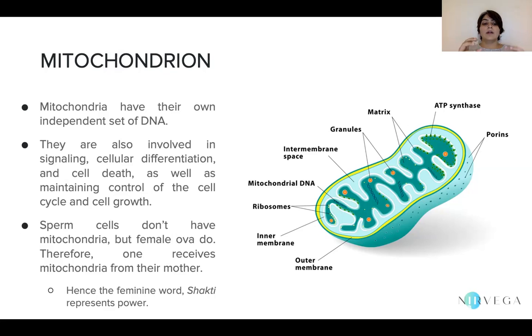Therefore, when a zygote is formed for the human embryo by combining one sperm cell with the ovum, the mitochondria that come into the embryo come from the female ovum. So a child receives its mitochondrial DNA and mitochondria from its mother and not from its father.